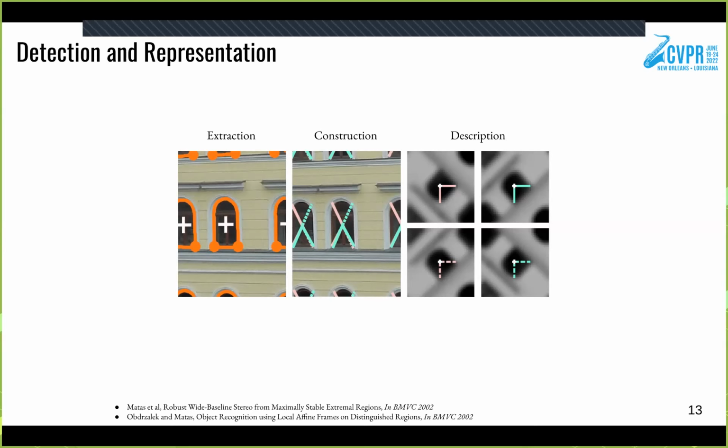And then from that, we extract differential geometry. It could be the first moment, which is the cross, or curvature extrema, which are these two dots, the orange dots on the left side. And we construct a frame, this affine basis, essentially. So the representation of the feature becomes this affine basis in this construction.